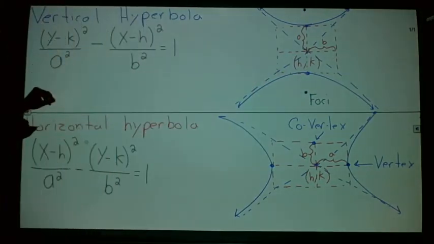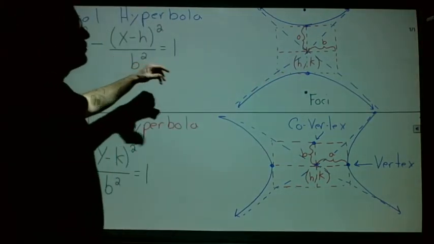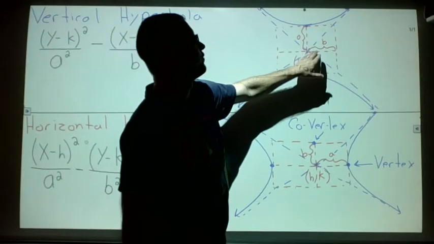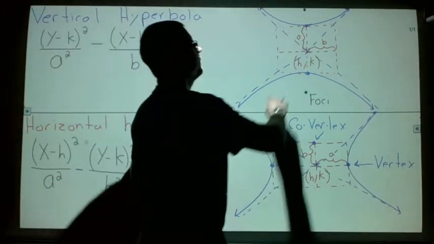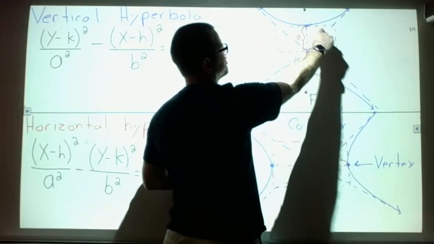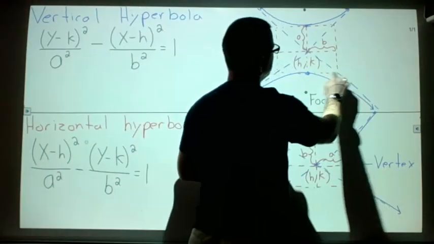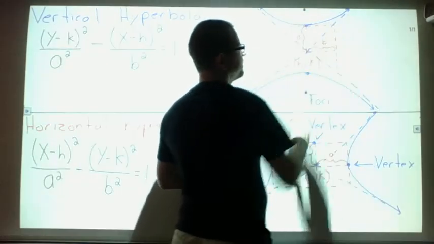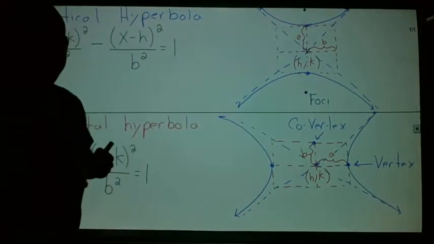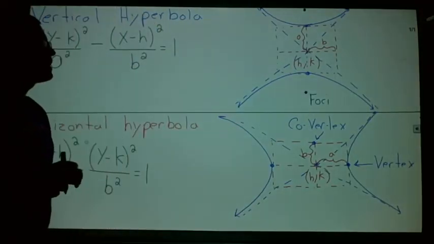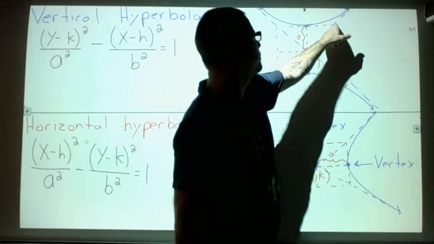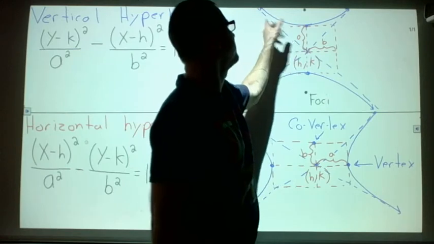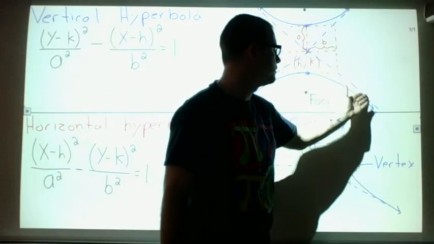A in the vertical being my vertical radius, but I just go from the center a units vertical, b units horizontal. And then instead of an ellipse connecting those radius values, I get this box. So I just make a rectangle with a and b. And then cutting through the box, center to the corners of that rectangle are asymptotes.